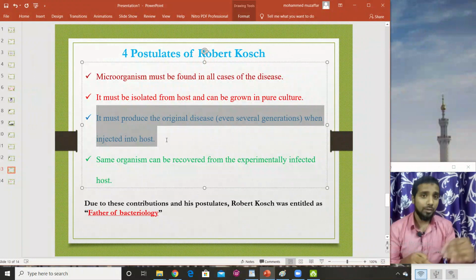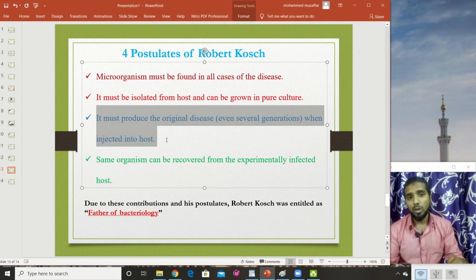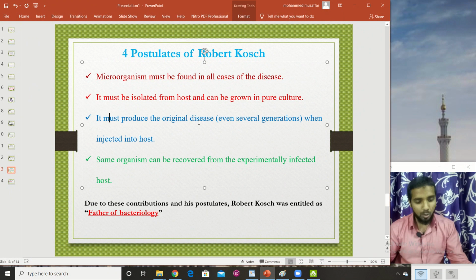That means in the cattle, if it was one generation, upon culturing he has produced many generations of the same bacteria. So first generation caused anthrax. The second generation, or let it be third generation, also caused anthrax in mice. That means doesn't matter which generation it is, it causes same kind of infection in host cells. So you can see this, it must produce the original disease even after several generations when injected into the host.